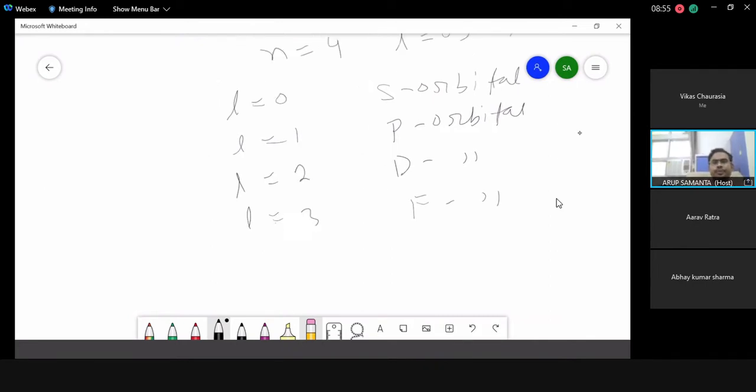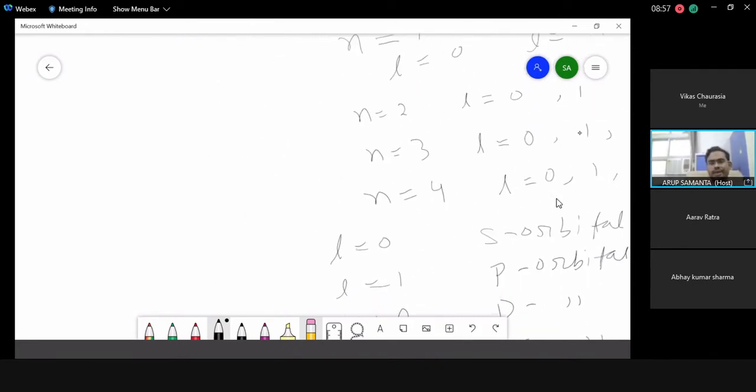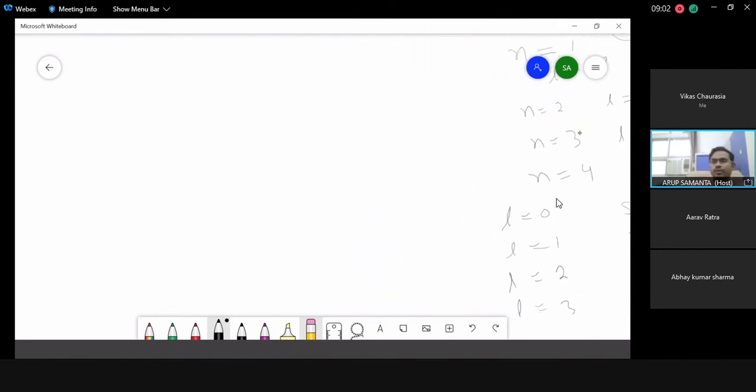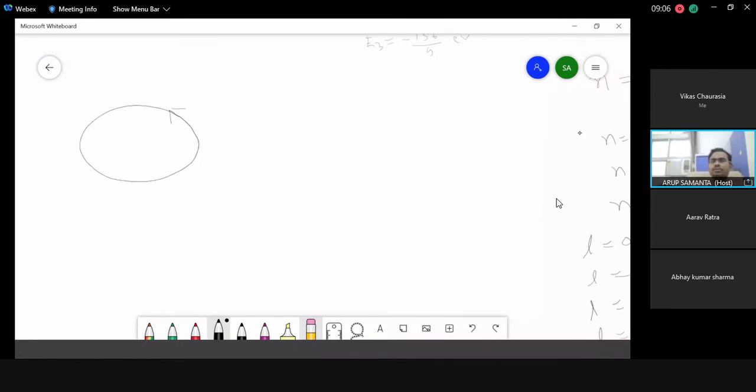Now, under a magnetic field, what will happen? This angular momentum exists because of the rotation of a charged particle around the nucleus. Under a magnetic field, this angular momentum can be distributed. If we apply a magnetic field, for each of these quantum numbers it can change to the ml value, the azimuthal quantum number.